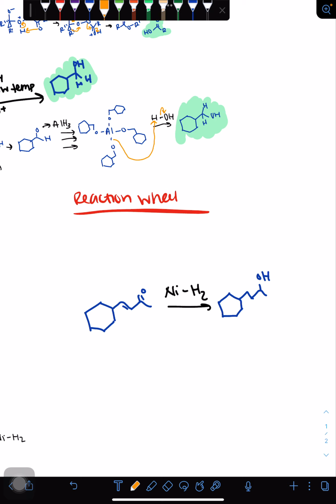So as you can see, one of these goes there, this is going to go back, this is going to go down, and then the remaining hydrogen is going to go here to get rid of this double bond, and then the nickel is just going to be free floating throughout.